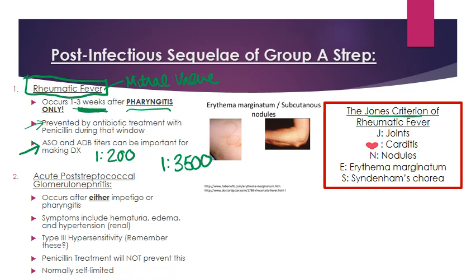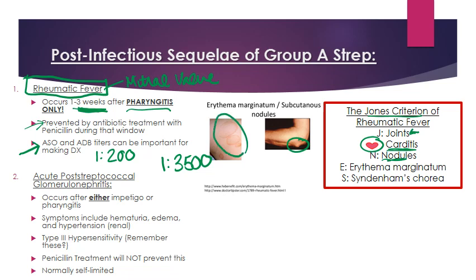The criteria for diagnosing rheumatic fever after the fact, if you didn't catch it during this window, are pretty clear. You're going to identify joint pain. Like I said, you'll have the damaged valves, so this is the Jones criteria, but the O is a heart. Isn't that cute? You'll also get these subcutaneous nodules. You can see them here.